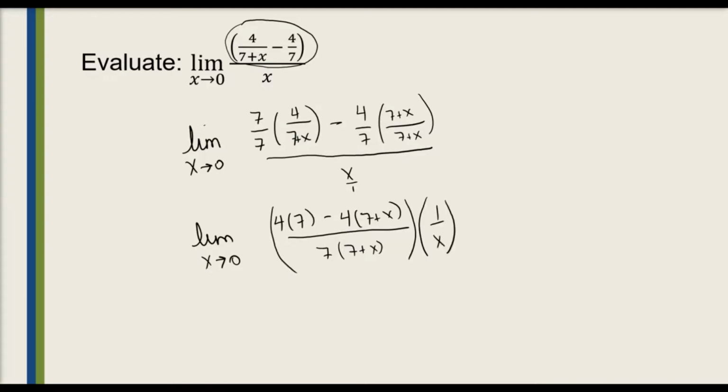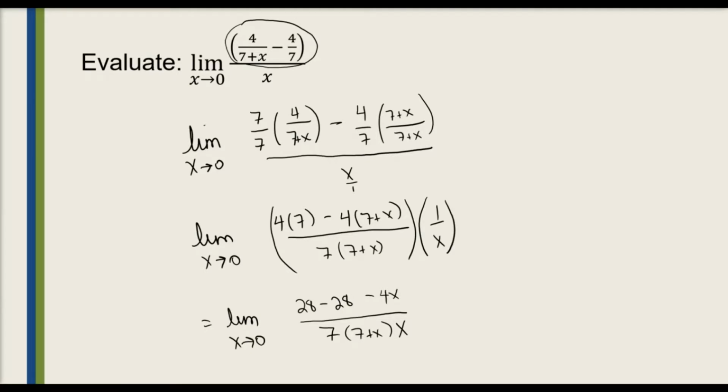And so if we simplify a little bit more, we have the limit as x approaches 0. So we would have, that looks like 28 minus 28 minus 4x, because we're distributing. And this is over 7 times 7 plus x times x, because we're multiplying by this 1 over x. And remember, when we multiply fractions, we just multiply straight across. And so I'm going to move to the top here for a little more space.